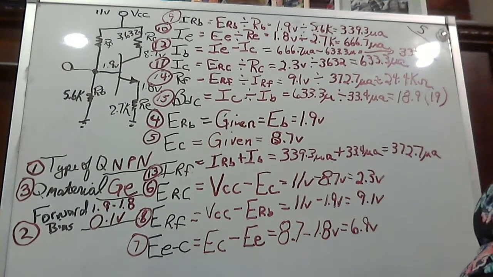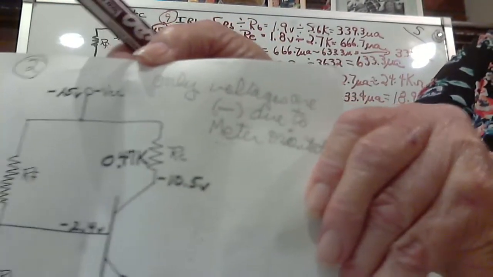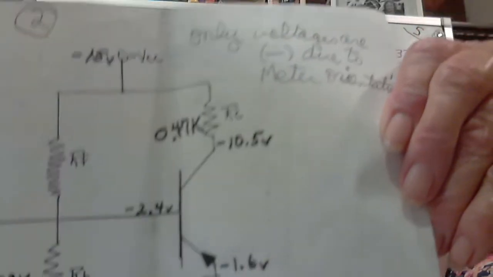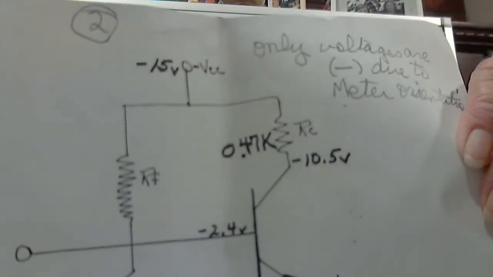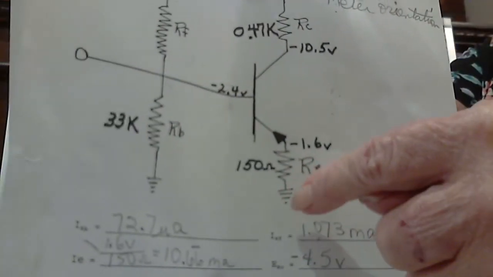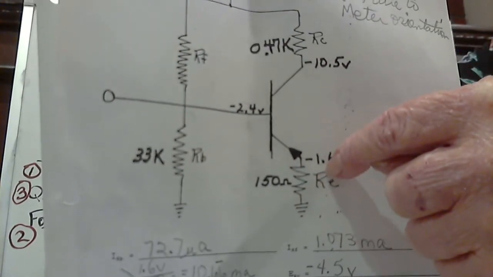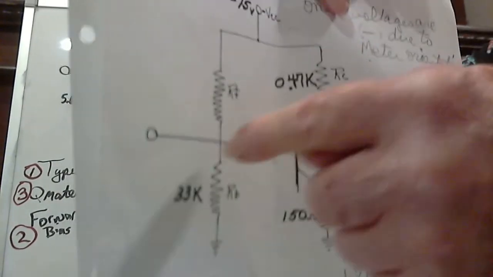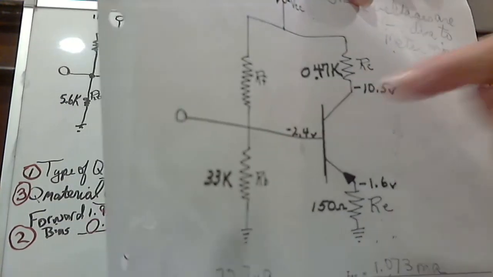When we look at number 2, 2 has negative values. So what you would do is remember that only the voltages are negative because of our meter orientation. We're going to be putting our common lead on the ground, and then that makes our red lead here, so that gives us a negative value. It just tells me that the current is actually flowing in the opposite direction. The best thing to do is to solve this just pretend like there's no negative signs there.